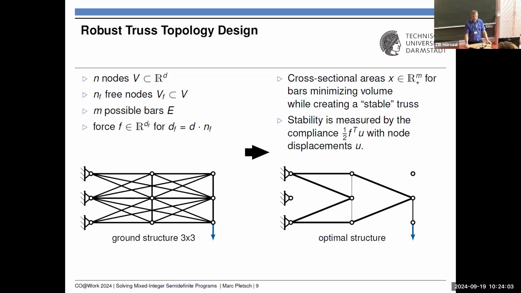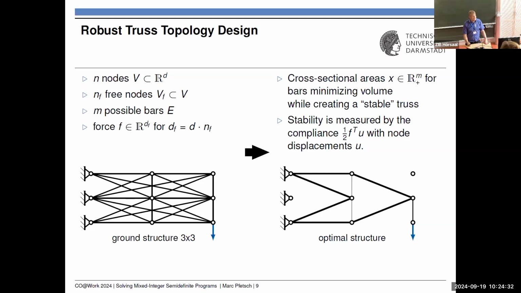But we don't want this to happen, of course. And then the cross-sectional areas can, of course, be chosen to be 0. So then this means that certain bars will not be there. Okay. And so you get from the ground structure, all possible bars, to a certain choice with the cross-sectional areas on the right. So this is the game here.